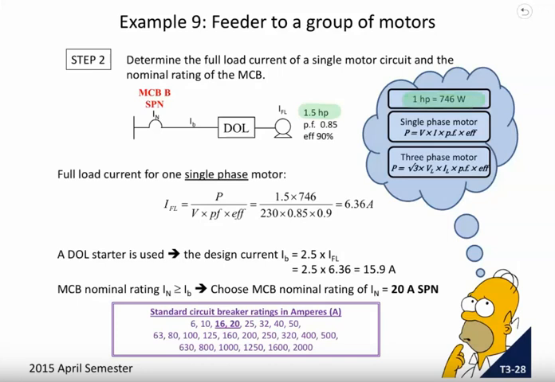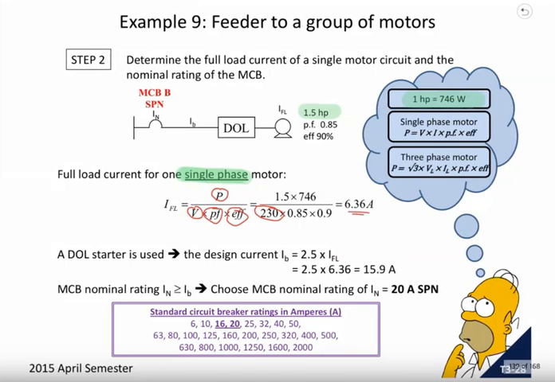We are using single phase, so single phase implies the voltage is 230. Full load current will be P over V over power factor over efficiency. And we end up with this.